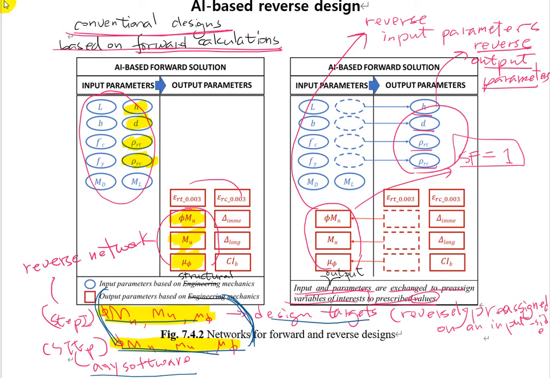However, if you have similar values with little differences between them, then you have succeeded in performing a reverse design of reinforced concrete beams. And this is very simple, 2 steps to calculate the design parameters based on reversely placed input parameters.